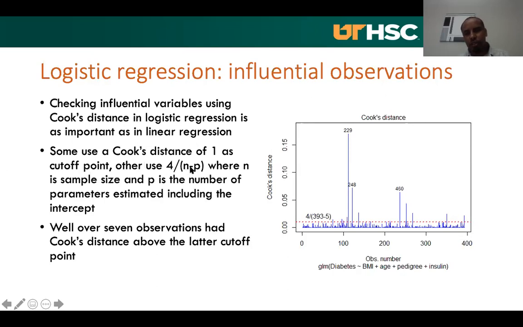Some use a Cook's distance of 1 as a cutoff point to say a given observation is influential. Others use 4 divided by the sample size minus the number of parameters to be estimated, including the intercept.